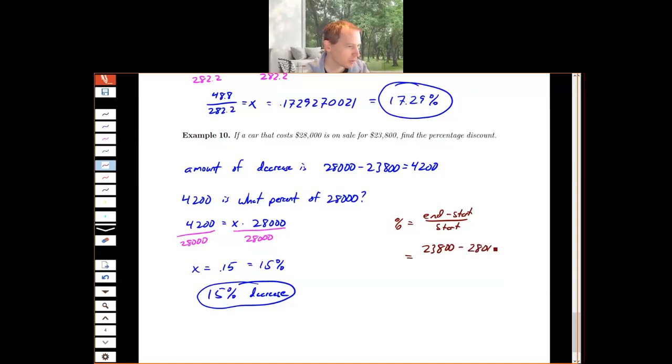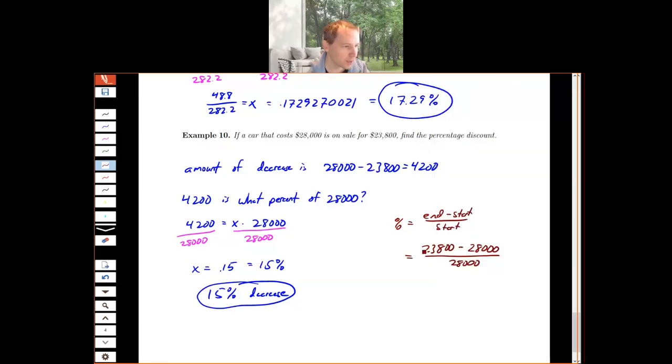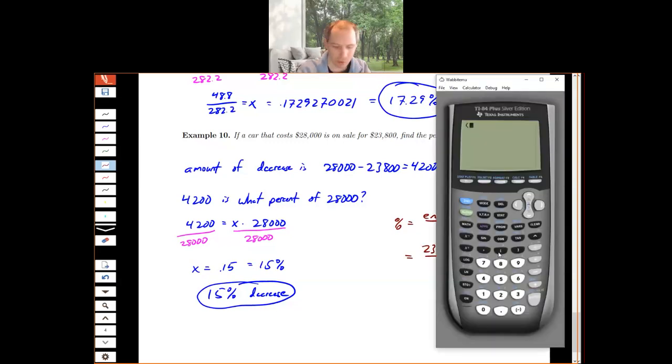So we have 23,800 minus 28,000 divided by 28,000. And I'm going to show you this on my calculator. In order to do that all at once, if I just type this in, my calculator is going to do division first. I want the subtraction first, so I have to make sure I put that in parentheses. Okay. So we have 23,800 minus 28,000.